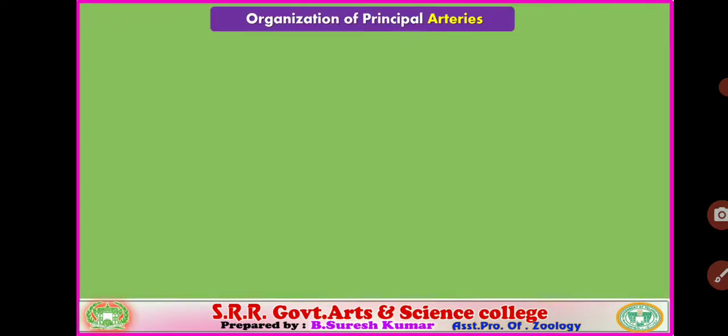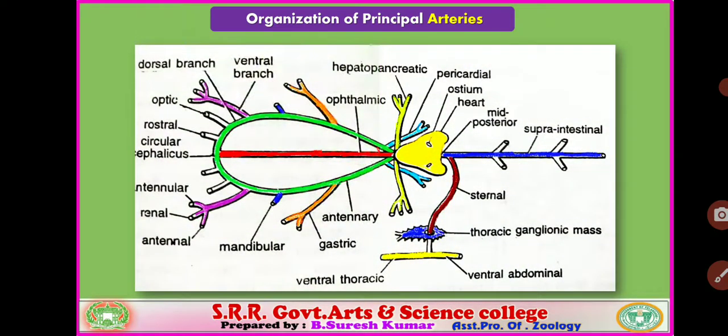Let us discuss in detail the organization of arteries in the body of the prawn. This is a very important diagram. So you must draw this diagram in the examination.